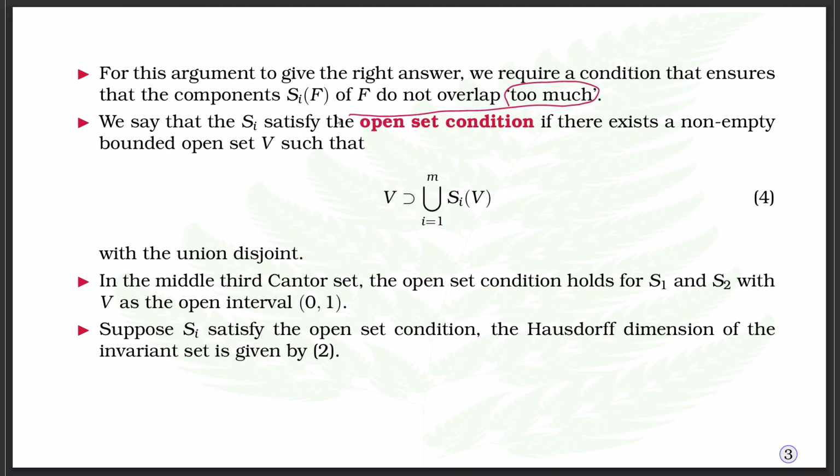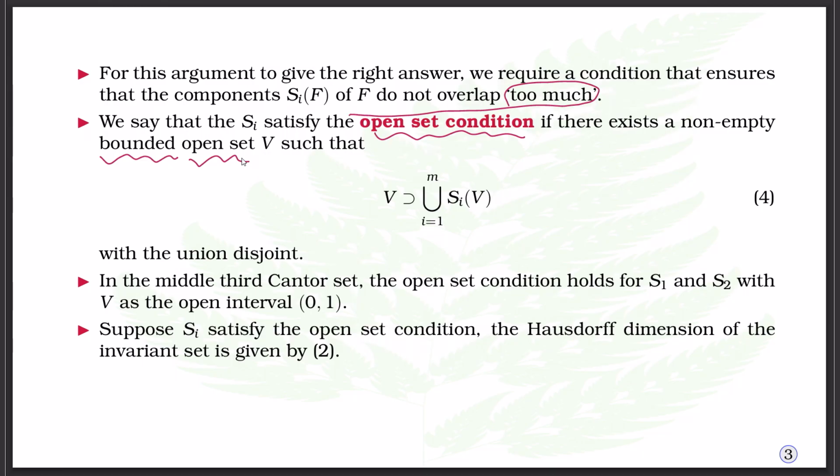We say that S_i satisfy the open set condition if there exists a non-empty bounded open set V, that is bounded as well as open, such that the union of S_i of V is contained in the set V. That means this should be a subset of V with a disjoint union. Then we can say the S_i satisfy the open set condition.